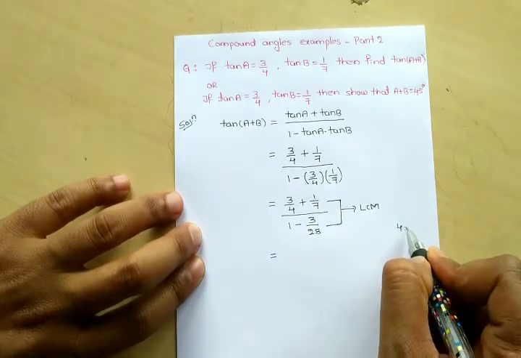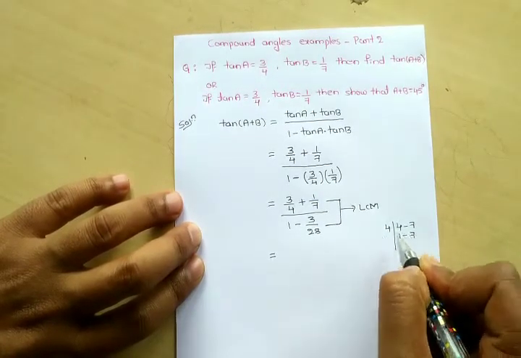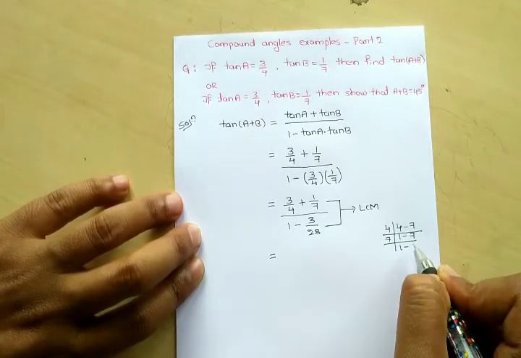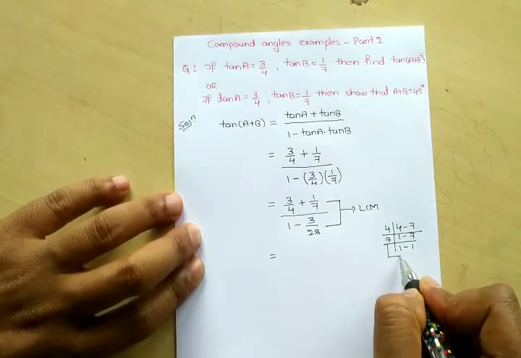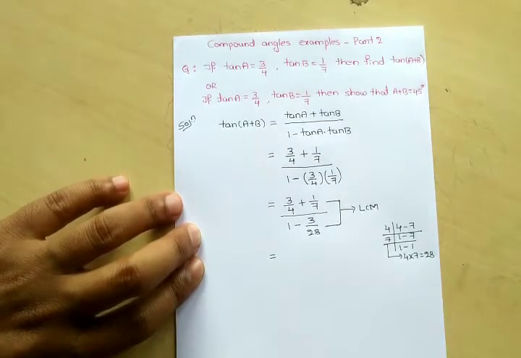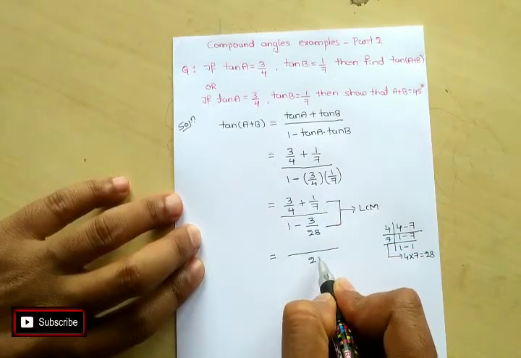Correct. 4 ones are 4, 7 you keep as it is. Next 7, this one as it is, 7 ones are 7. So these two you multiply, 4 into 7 is 28. Therefore in the numerator the LCM is 28.